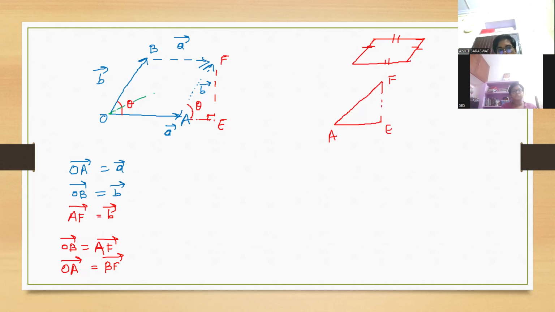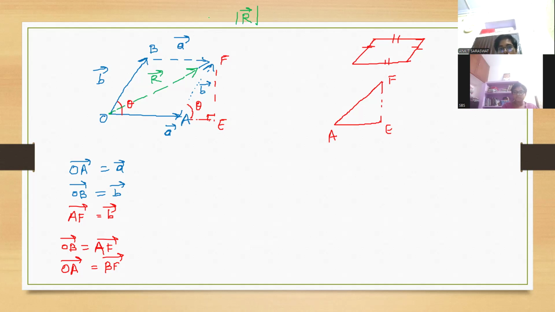This is the resultant vector, R vector. Our objective is we need to find the magnitude of this vector. What is mod R? Because in a vector there are two things: one is direction, one is magnitude.